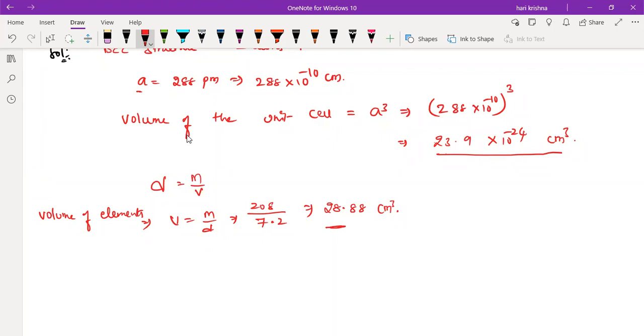Suppose you do the ratio of these two, you'll get the number of unit cells, right? So number of unit cells in 28.88 centimeter cube is equal to how much?